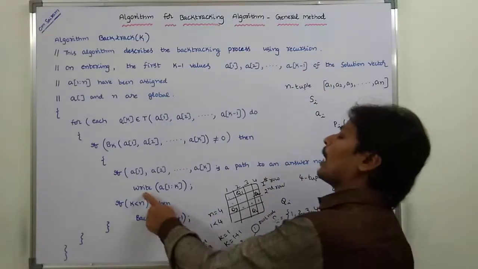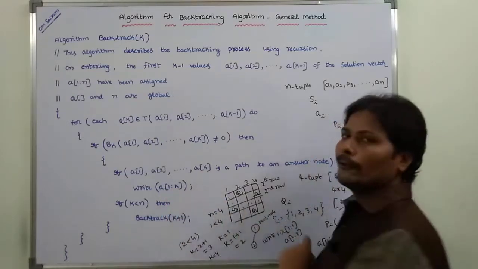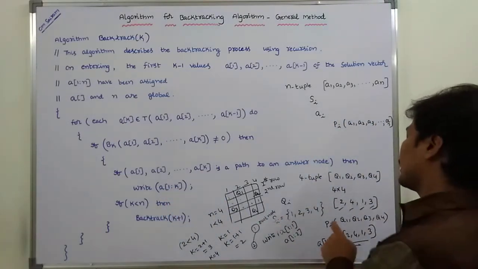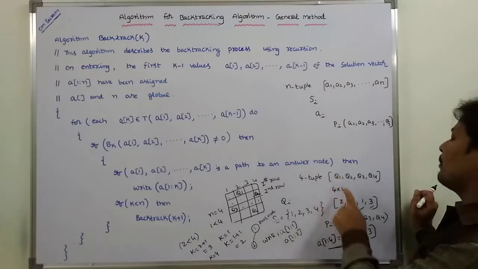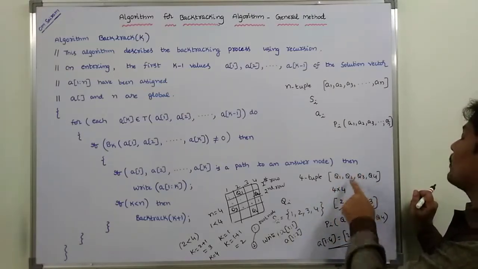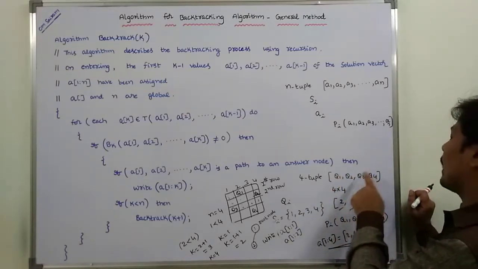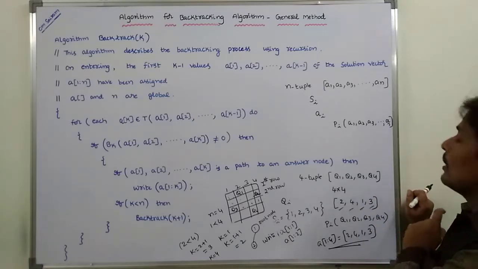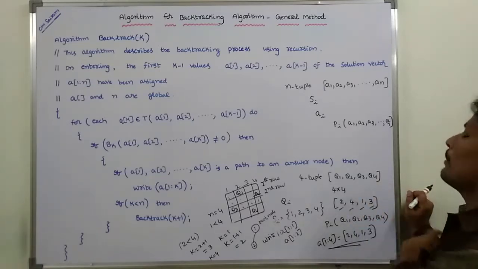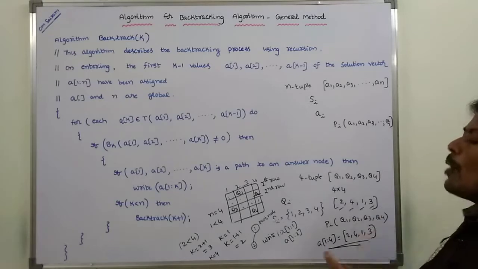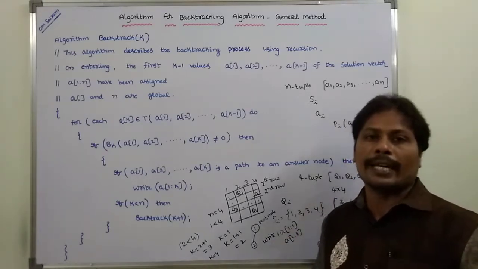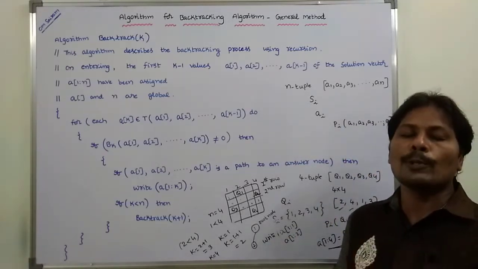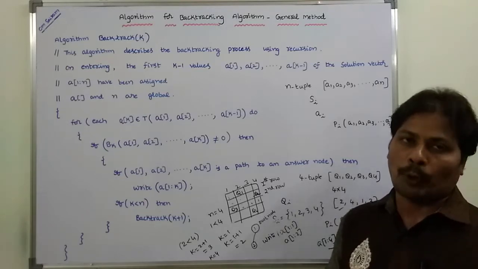Then we have to draw the a of 1 to 4, k value 4. So 1 to 4 is nothing but queen 1 can be placed on second column, queen 2 can be placed on fourth column, queen 3 can be placed on first column, queen 4 can be placed on third column. Now we have to draw the entire state space tree. This is the solution for 4 queens problem.